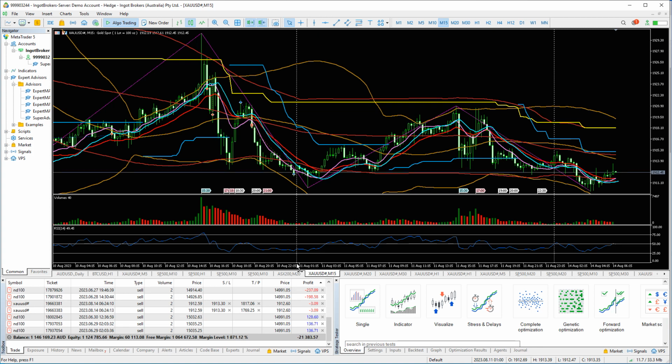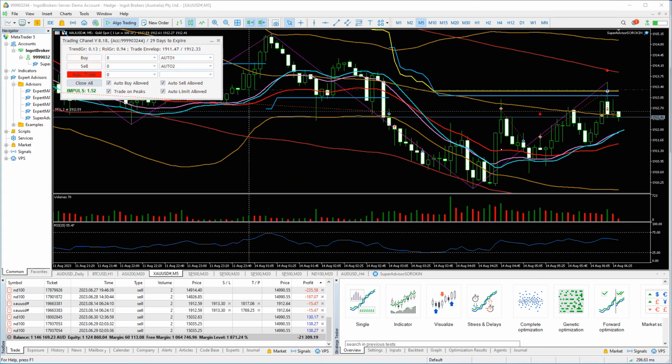You have full control of the robot, and you can let the robot sell or buy. Right now you see there is a switch from automatic to manual and back again.